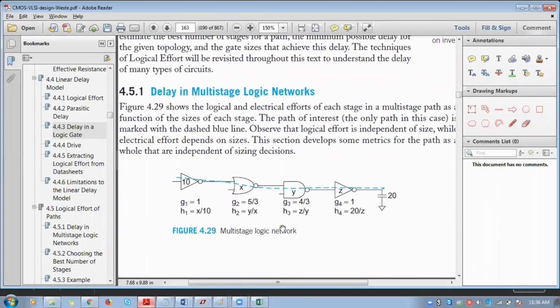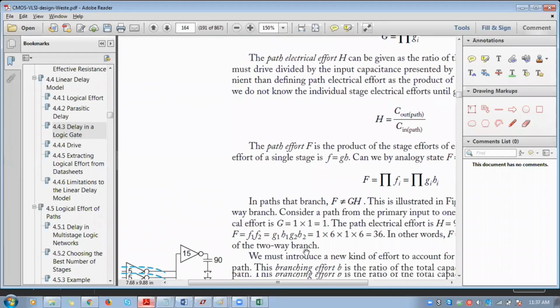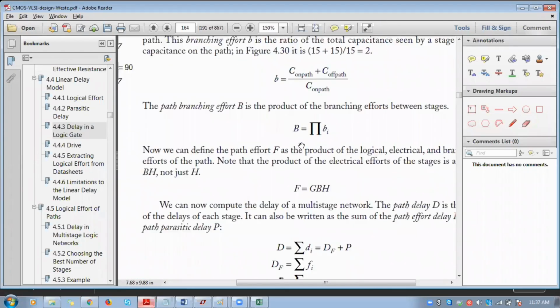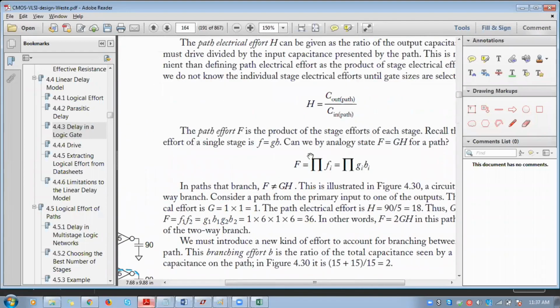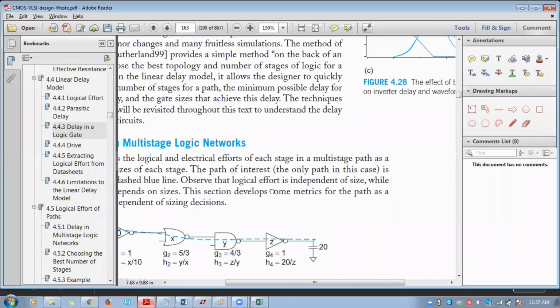In the multi-stage logic network, they will give the connectivity of different logic gates, and they may ask you to calculate the electrical effort, the path effort, as well as the parasitic delay. You can go through this particular example. They have clearly given how to calculate the electrical effort, path effort, and logical effort.